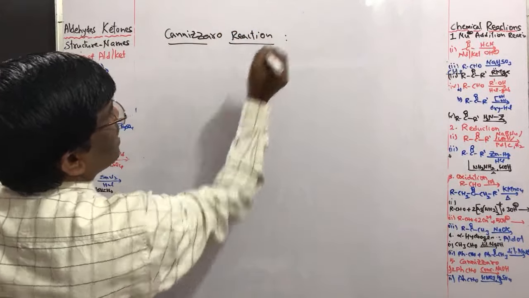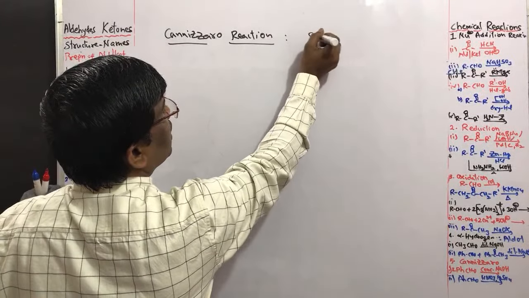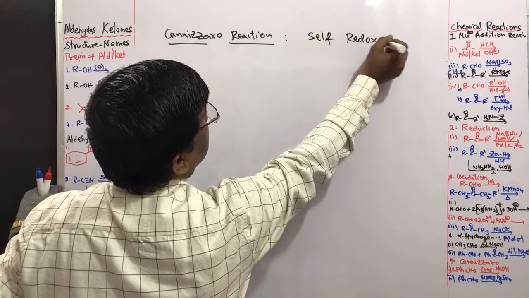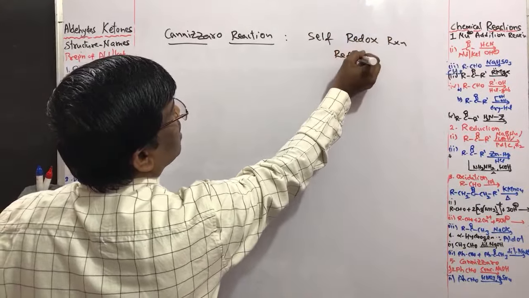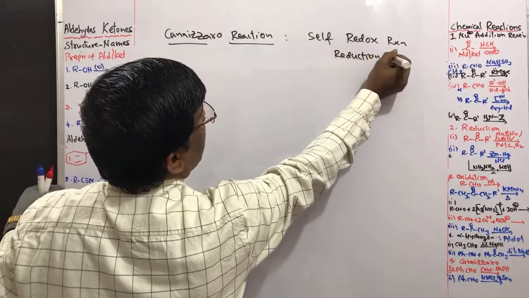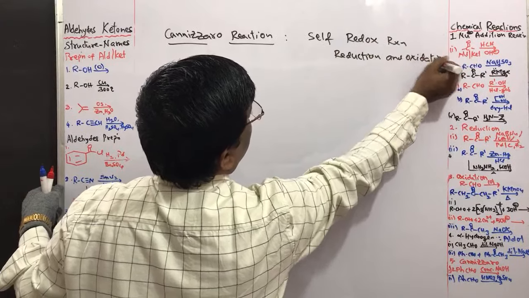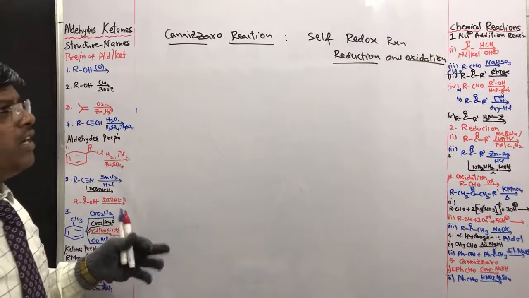This reaction is a self-oxidation and reduction reaction, a self-redox reaction, where reduction and oxidation take place together. So you are going to get two products, one oxidized and another reduced product.